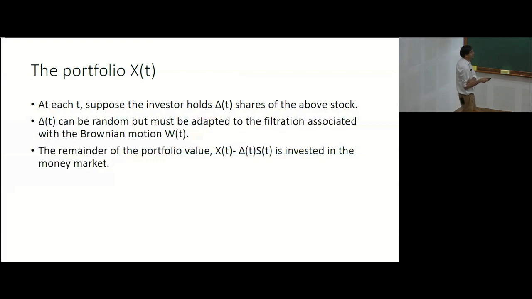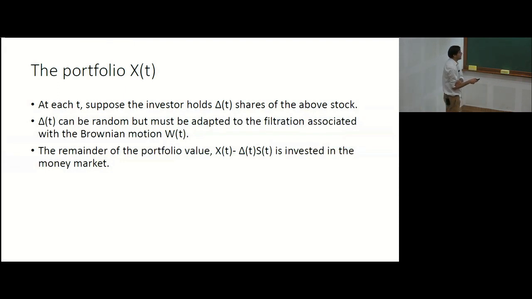So if you have invested delta t in stocks, the cash value of that is delta t times St. At that point of time, whatever is the stock value, so if you have 10 stocks of IBM, then it will be 10 times whatever is the price of IBM stock at that particular instant.